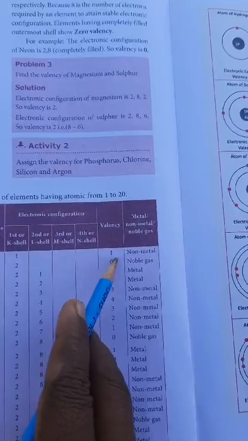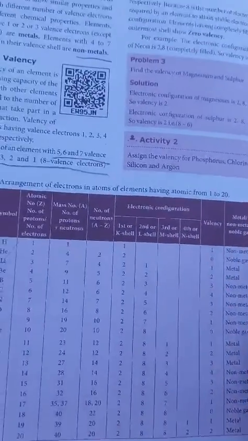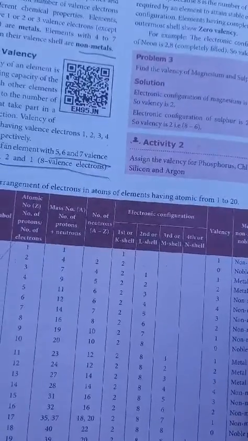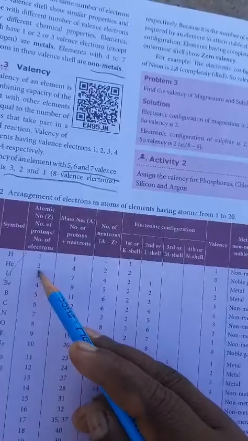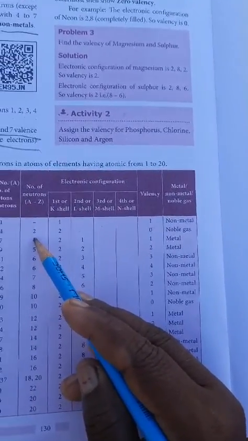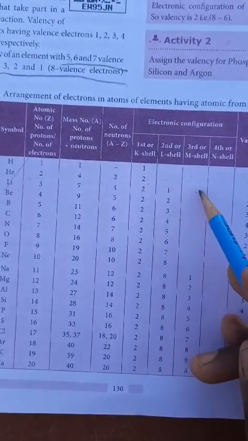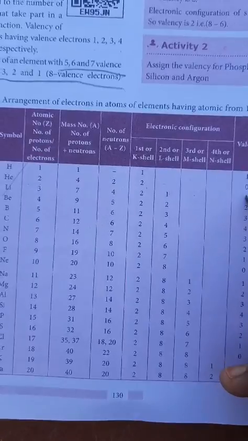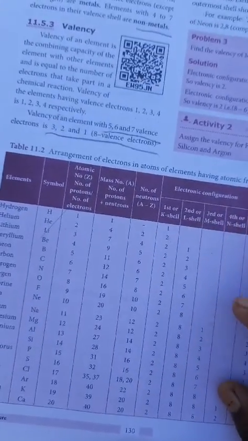Valency 1. Hydrogen is a non-metal. Helium: atomic number 2, mass number 4, neutrons 2, electron configuration 2, L shell 0, M shell 0, N shell 0, valency 0. So noble gases have valency 0.